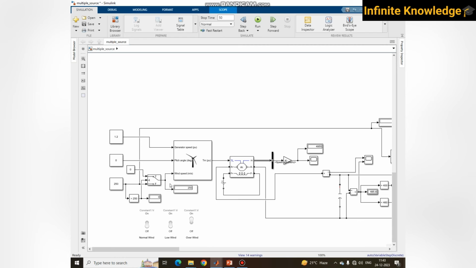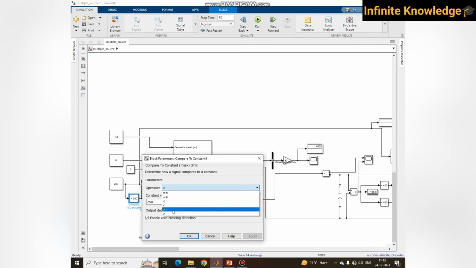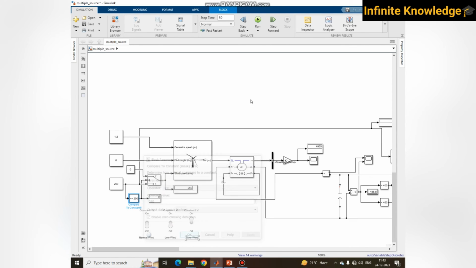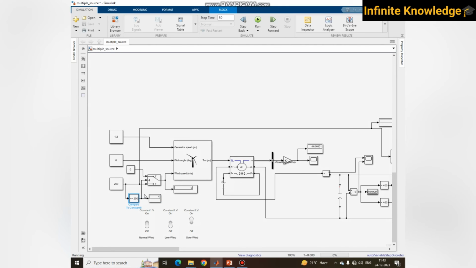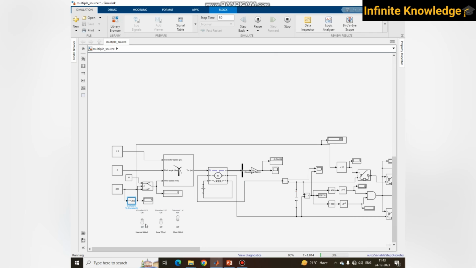So what you need to do here is increase or change this to greater than or equal to. So if I change it over here, okay, this is one, and there is no wind speed here, so there is no voltage generation here. In this way, you can create a logic to isolate the input on high wind speed.